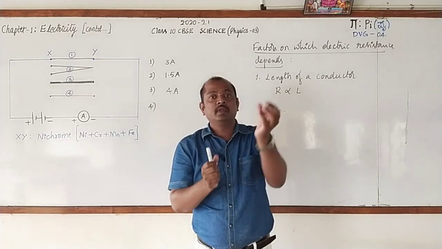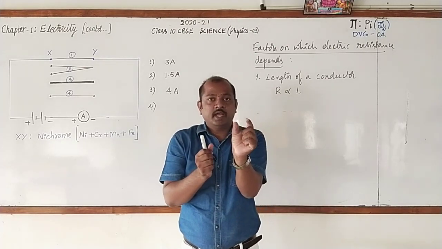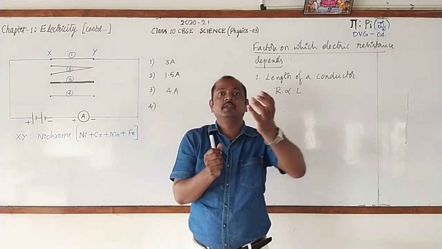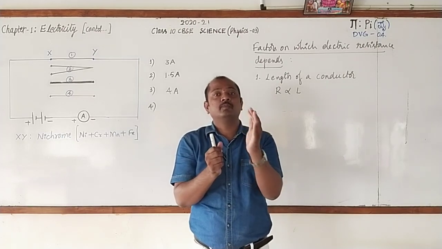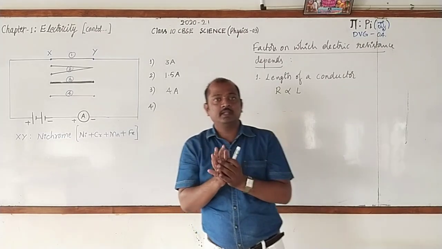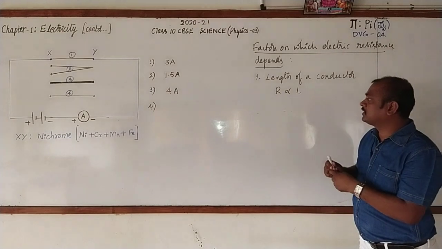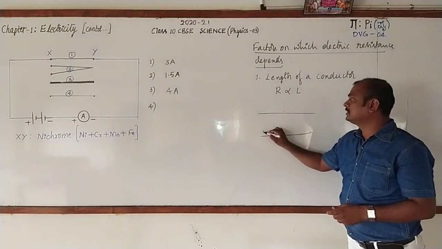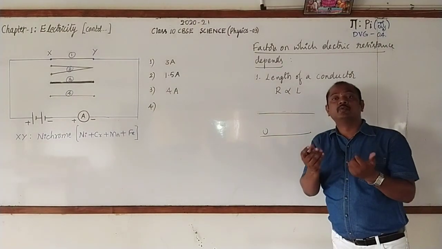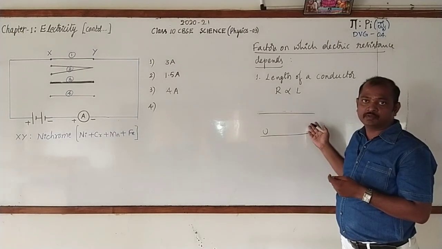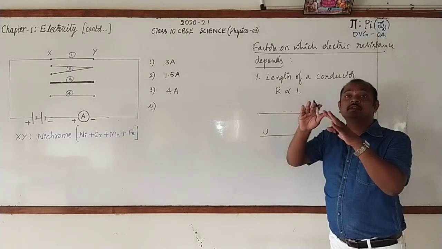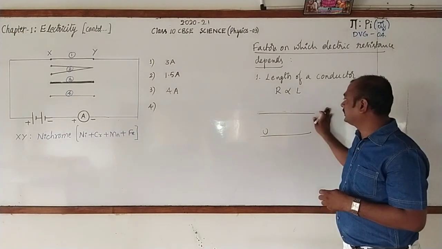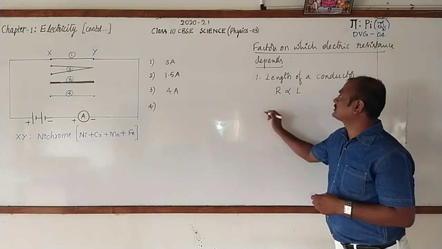Why? As the diameter is less, they get less space for movement. Similarly, here also, as the thickness of the conductor increases, electrons will get more space for their movement. Hence, electric resistance decreases. So this is the second one.